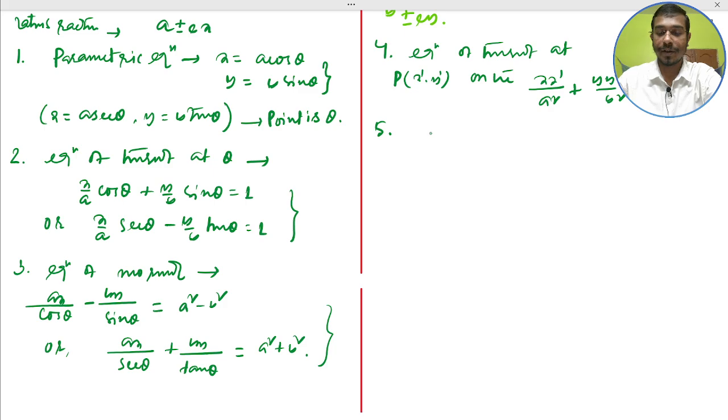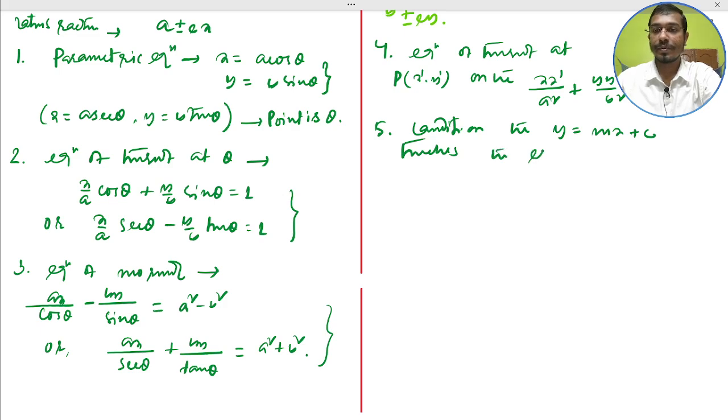Next one is very important. Condition that a line y equals mx plus c touches the ellipse. The condition is that c square equals a square m square plus b square. This is the condition.